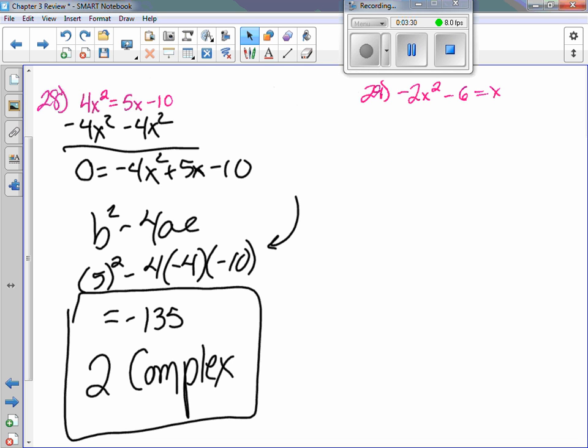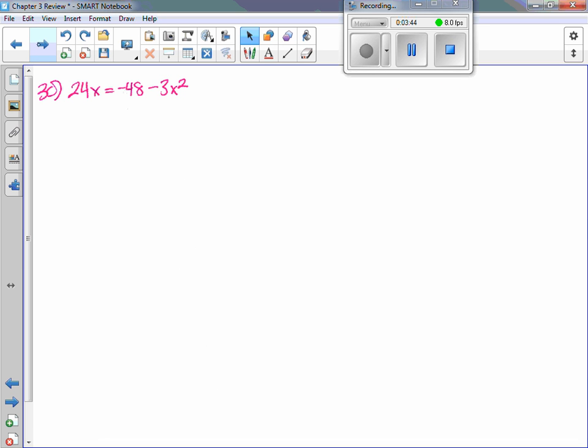Do you want to look at 29 or 30? Which one? 30. Let's look at 30. So we have this here. Again, we need this equal to 0. So to get it equal to 0, I'm just going to move the 24x over.